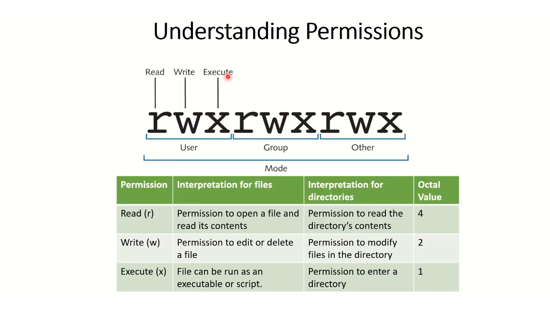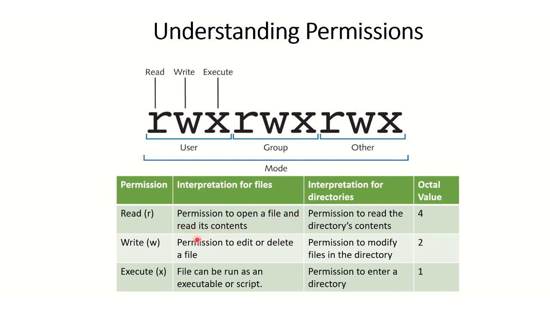Now there are 3 levels of permission: read, write, and execute. And these are represented by r, w, and x. Now this table summarizes their interpretation for files and directories. For example, read permission is the permission to open and read a file.